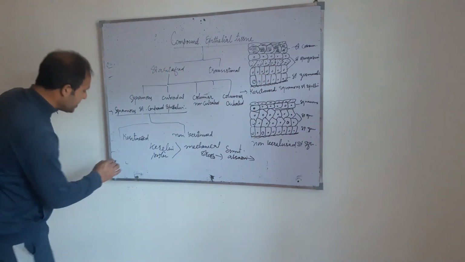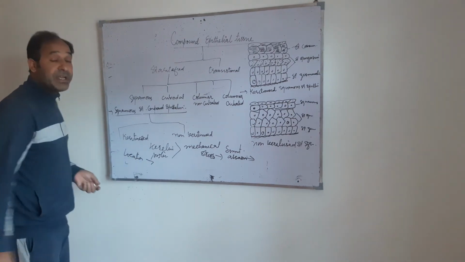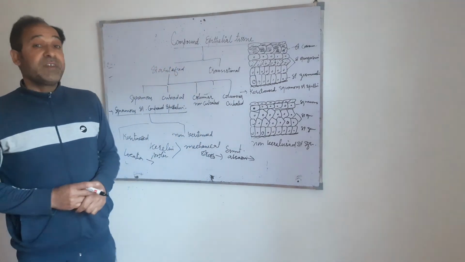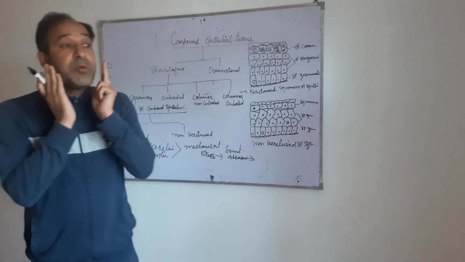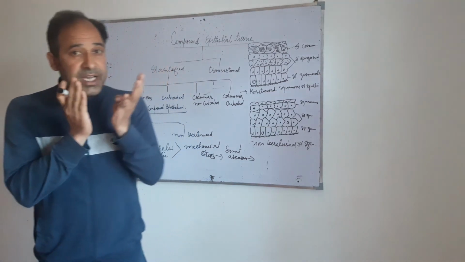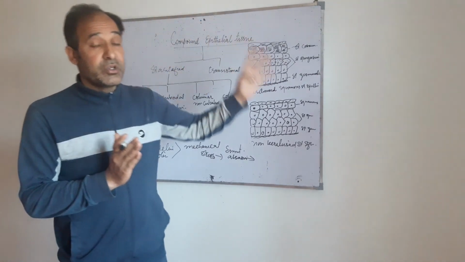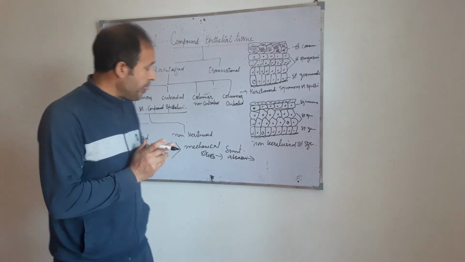Where is the location of this non-keratinized squamous epithelium? It forms the epidermis of frogs. It forms the epidermis of fishes. It forms the internal part of our nostril. It forms our buccal cavity, where there is less abrasion as compared to keratinized squamous stratified epithelium.